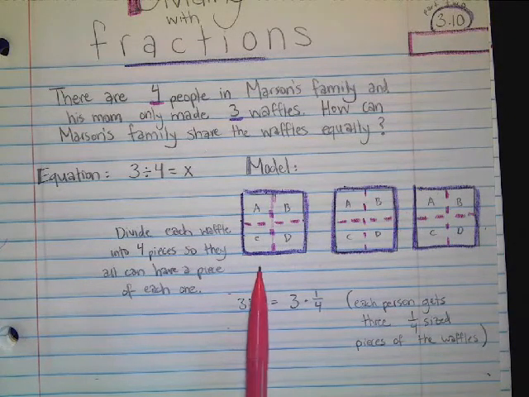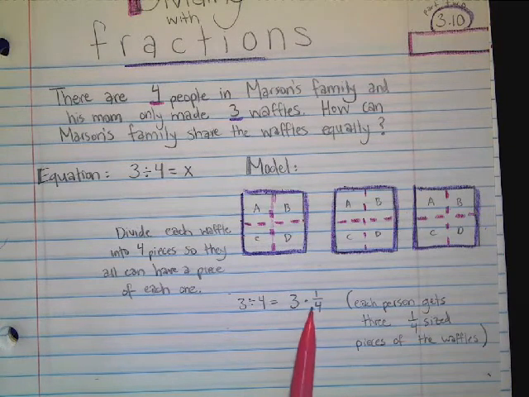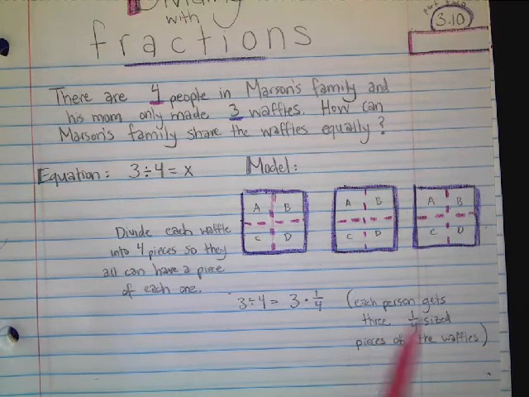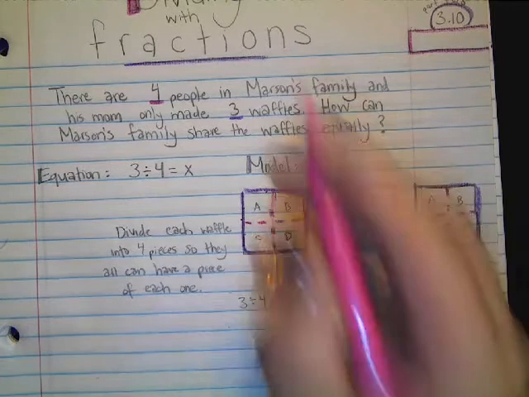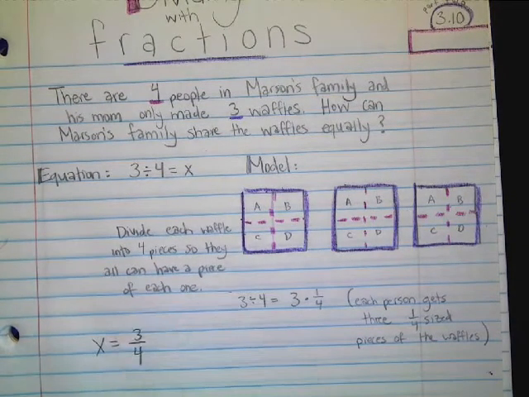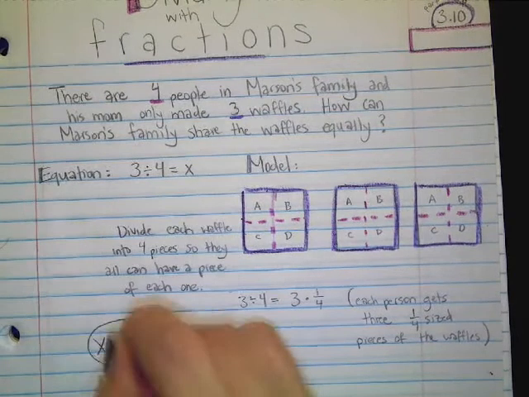So when I had 3 waffles and I divided it by 4, it was like giving 1/4 sized pieces. Okay? And I got, do you know what the answer is? They're all going to get, each person gets 3 1/4 sized pieces, which just means x equals 3/4.